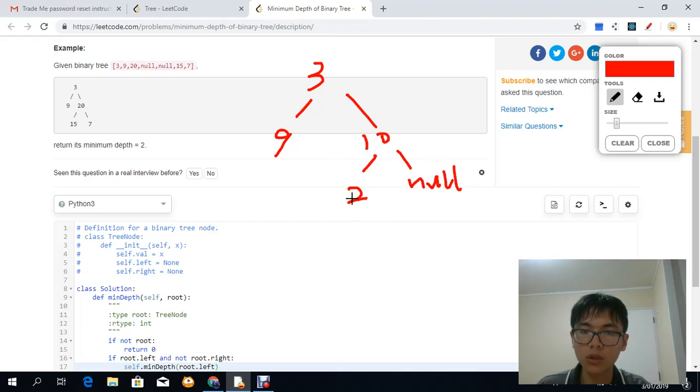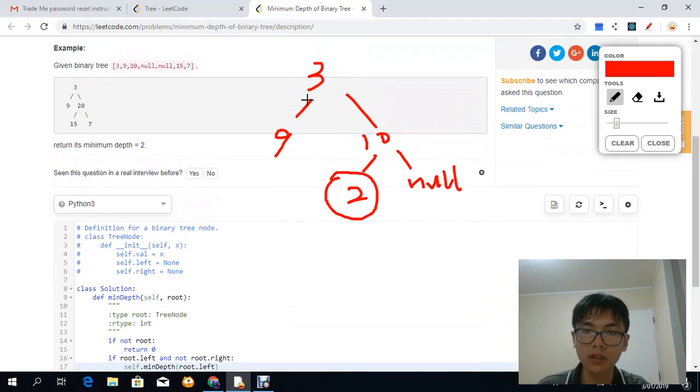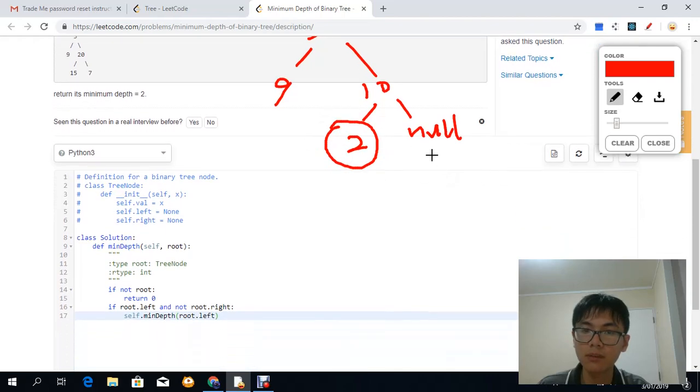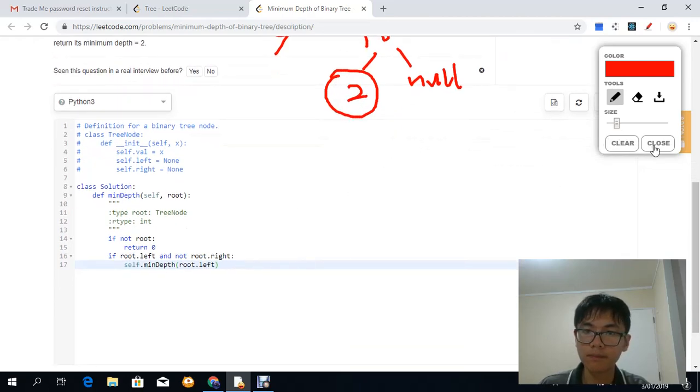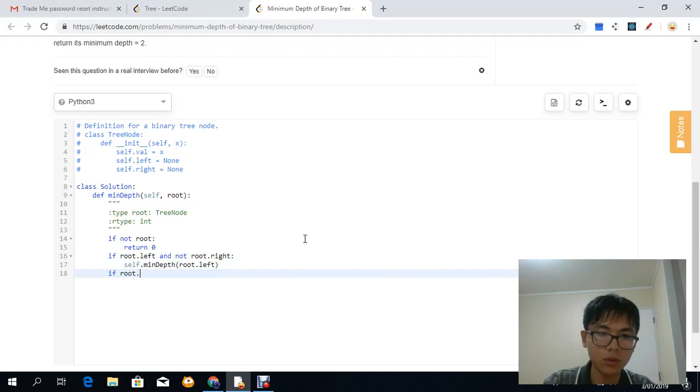So it will call a recursive function on this side, and this recursive function will keep going and find the depth of this node. So here we will call it on the left side, and if root right exists and root left doesn't exist, what will we do? Take a guess, we will call its right side.